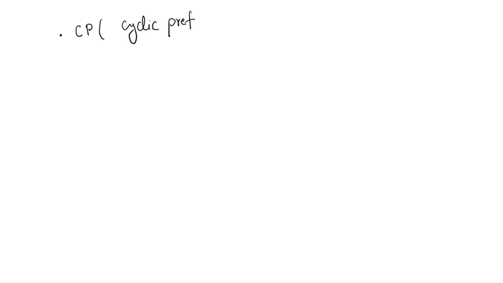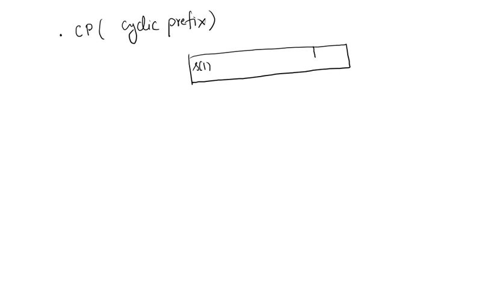So in an OFDM symbol, if this is your OFDM symbol duration, there are N symbols, S1 up to SN, and the duration of the OFDM signal is N Ts.